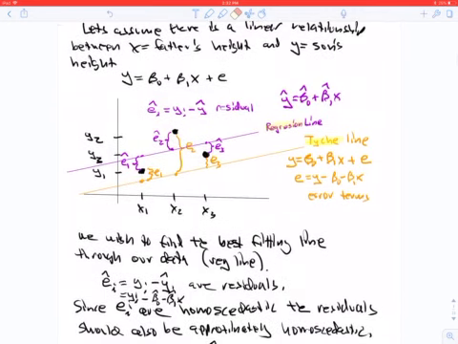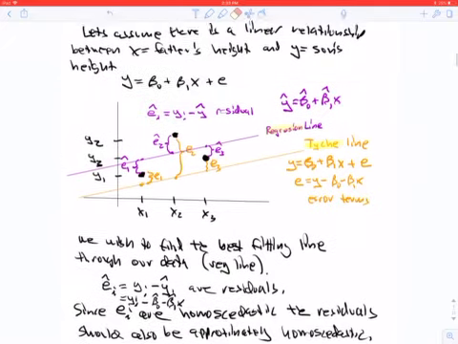But notice here I've indicated E1, E2, E3. These are the errors from our data to the true line, and E1 hat, E2 hat, E3 hat, these are the residuals. These are the errors from our data to the regression line.